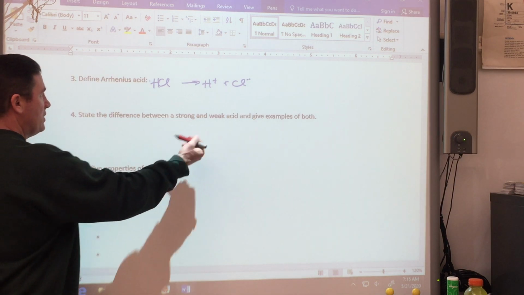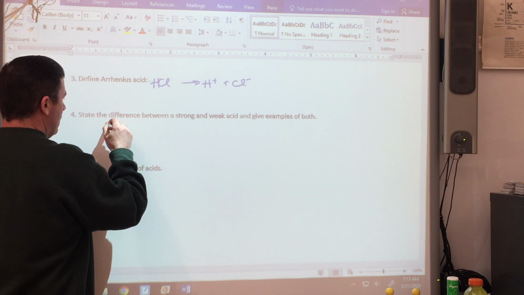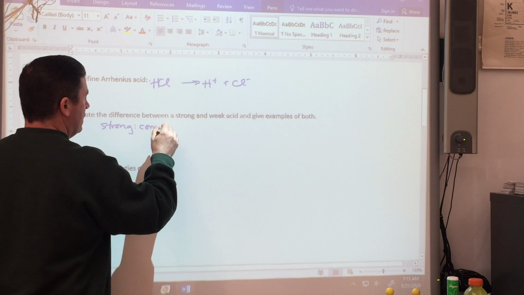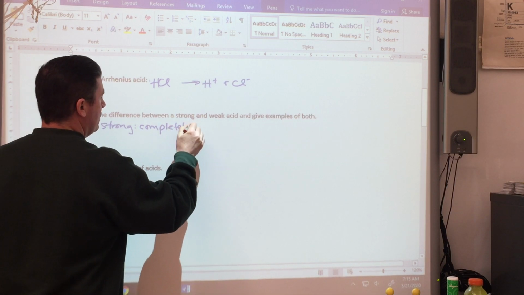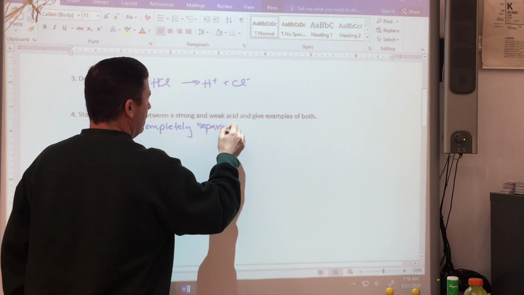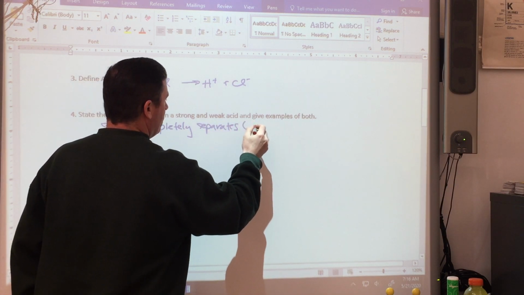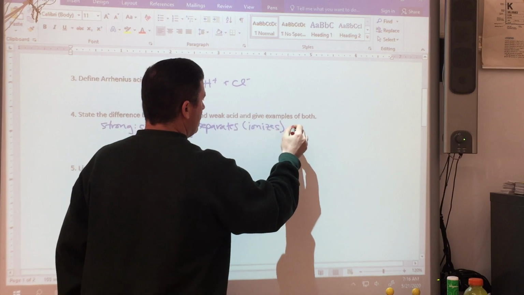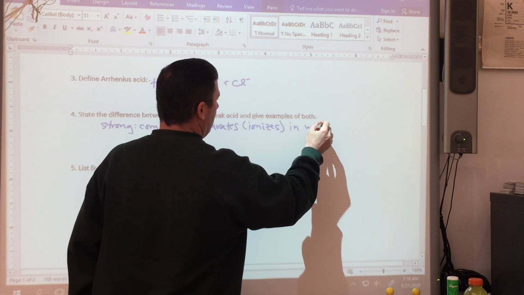A strong acid is something that completely separates, and the word we want here is ionizes in water.